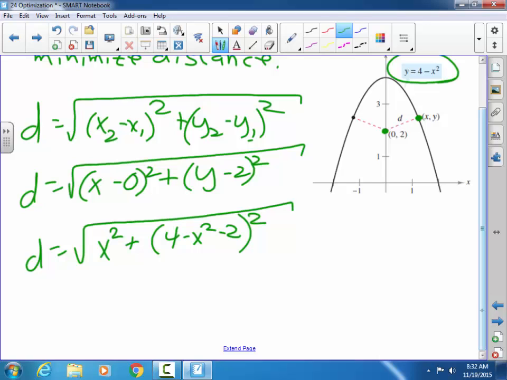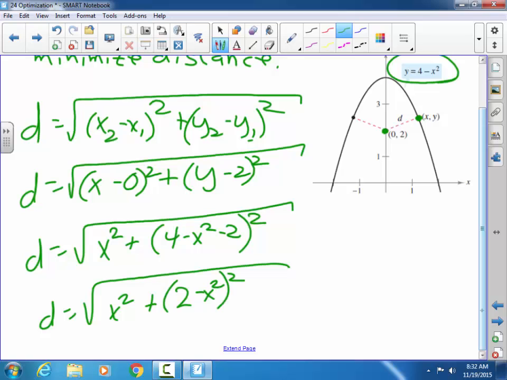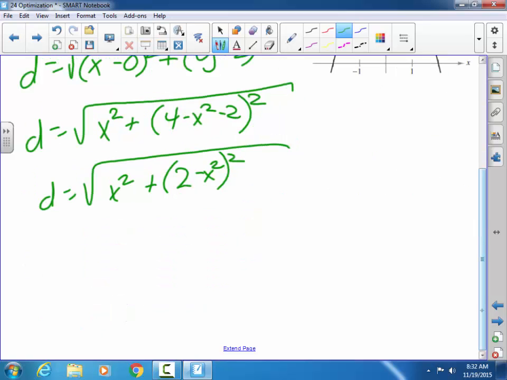Yes, we can clean it up a little bit more and say D equals the square root of x squared plus (2 minus x squared) squared. You could square that thing out under there. I don't know that I would go to the trouble of doing that just yet, but you could if you wanted to. At this point, I'd take the derivative and set it equal to 0.